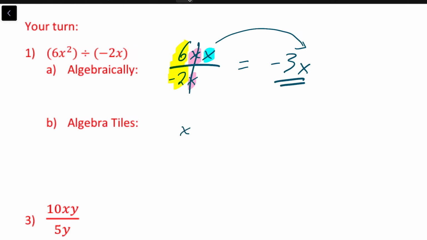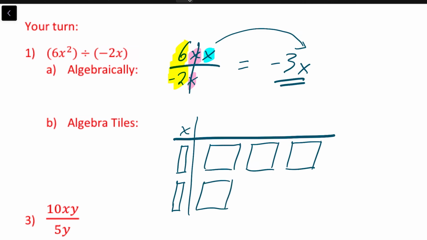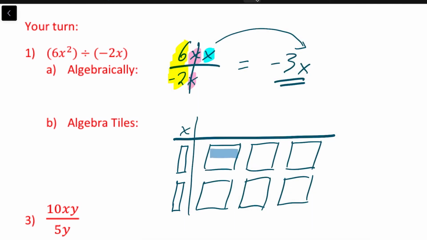Okay, algebra tiles. Again, I'm going to line up my 6x tiles. I know that I have 2 negative x tiles on this side, so I'm going to line up my 6x tiles so that left to right they all have the length of those negative 2x tiles. But those 6x tiles are positive, so I need to shade these in again. Shade, shade, shade.